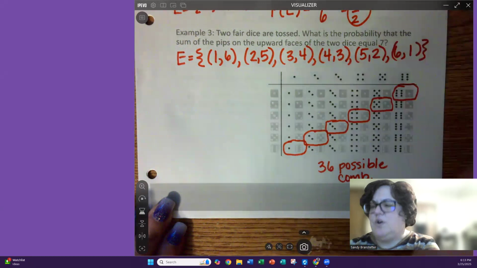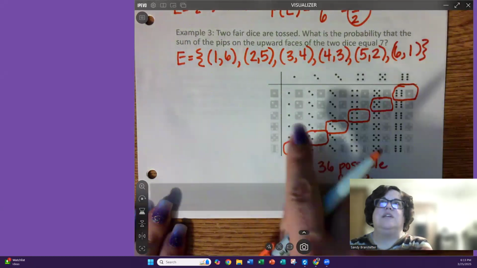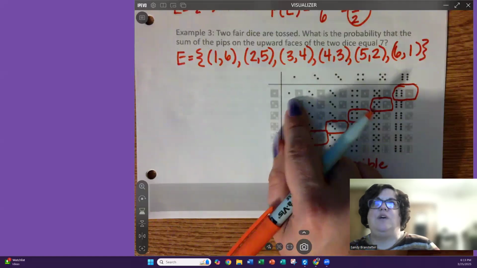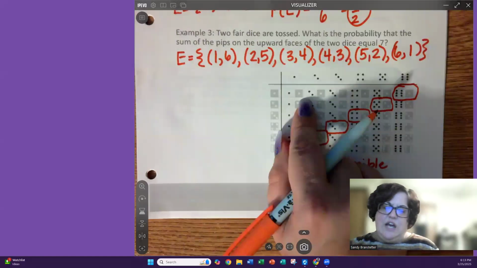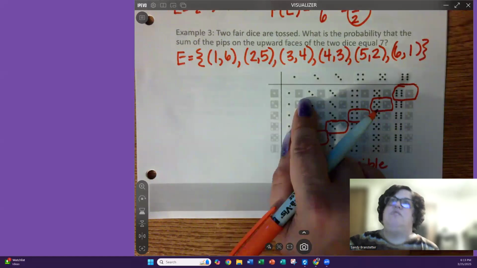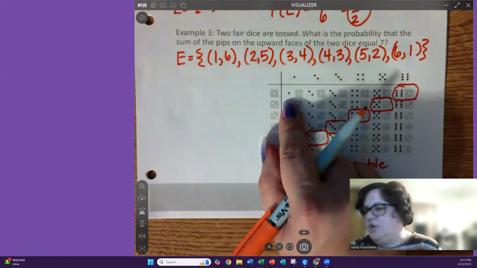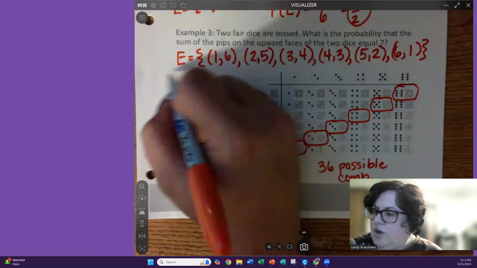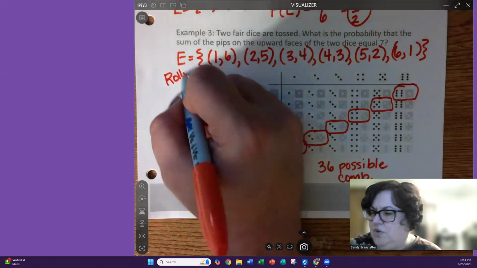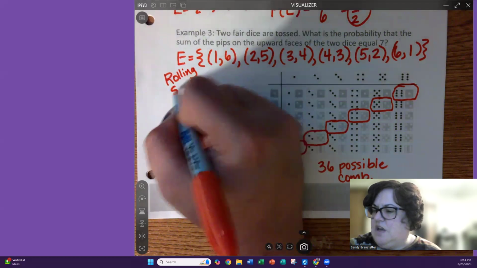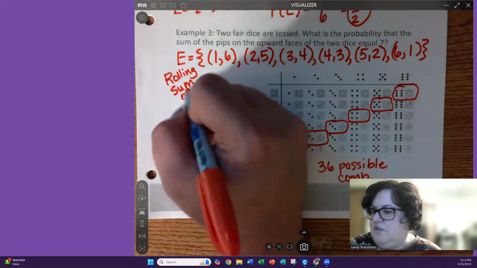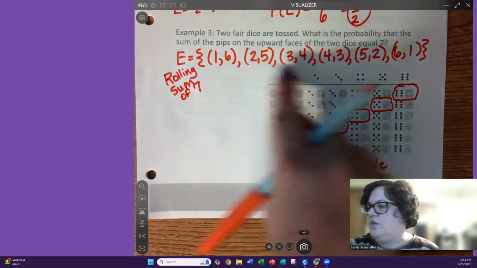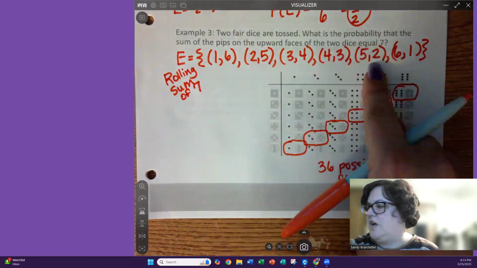And one thing we're assuming in this is that we can tell the difference in the dice. So in my picture, notice I have a white one and a colored one. So that allows us to tell the difference in which one happened first. So how many of these where we rolled a sum of 7 are there? 1, 2, 3, 4, 5, 6.